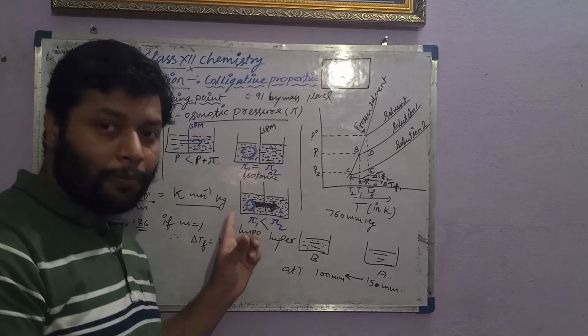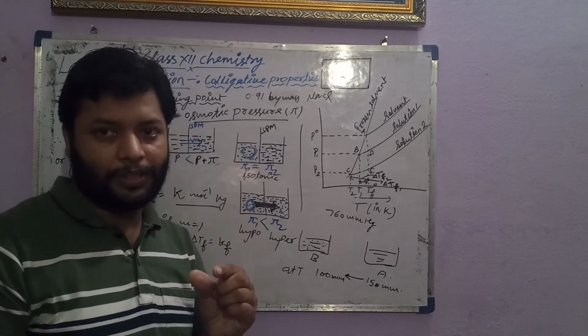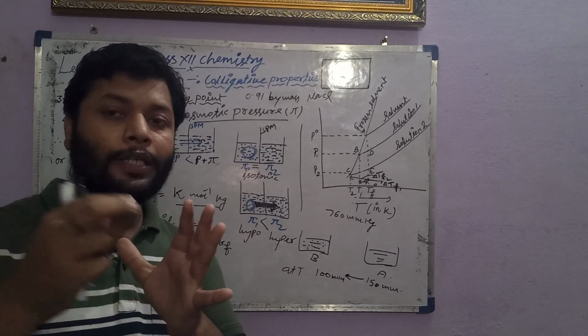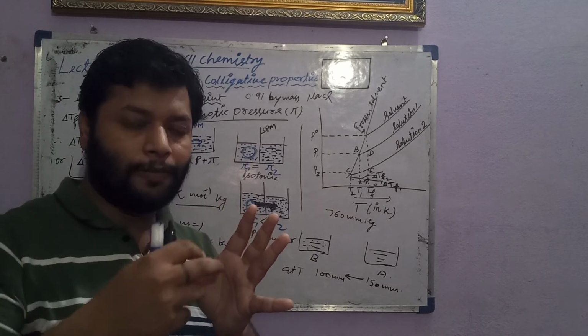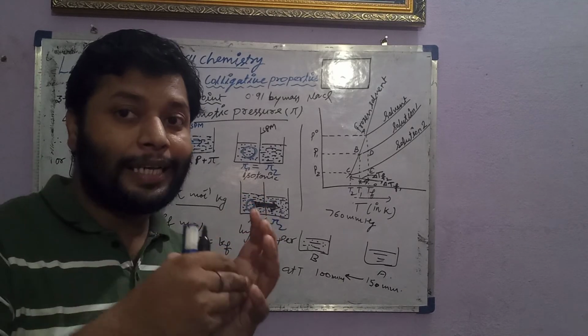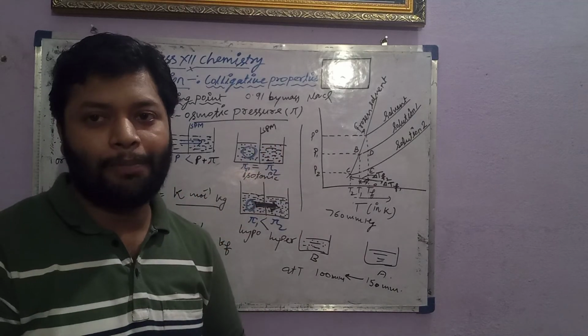So water must flow from outside to inside. That is called endoosmosis. Endoosmosis means the flow of water from the outside into the cell, and that causes the blood cells to swell up.